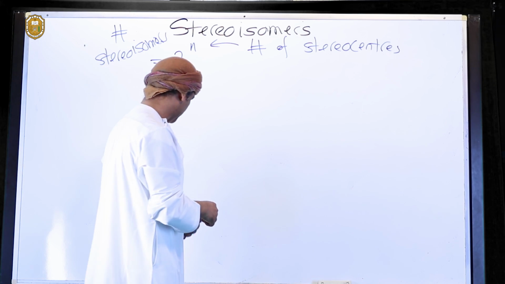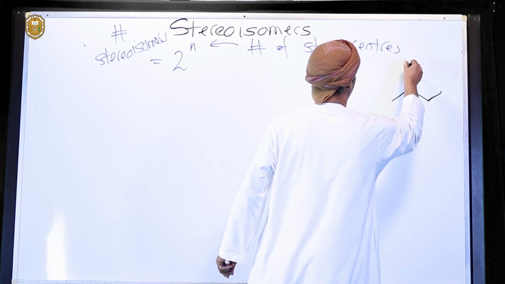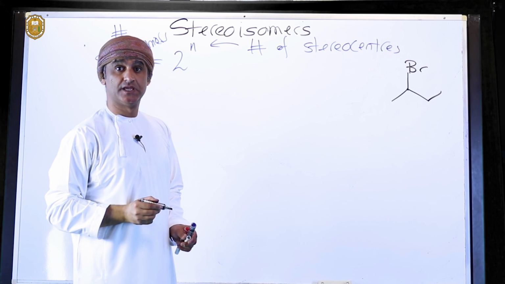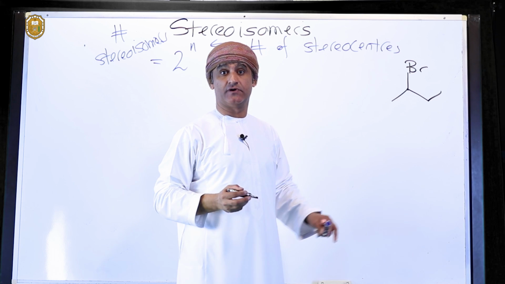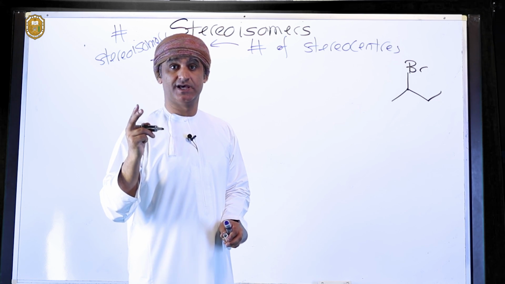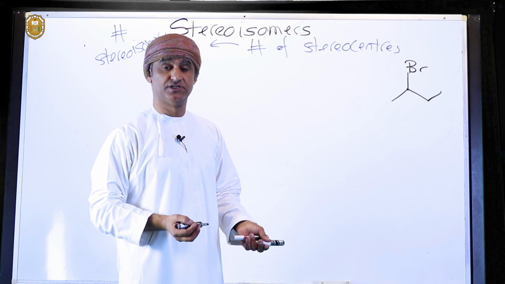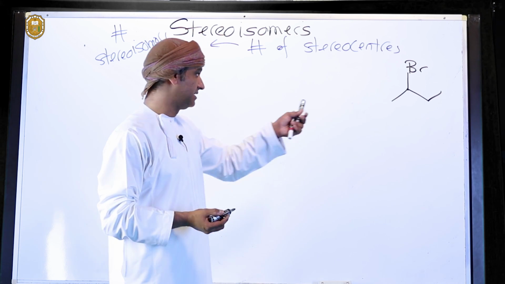So if you take, for example, 2-bromobutane, you will see that this has only one chiral center. So therefore there are two stereoisomers possible. And of course, the two stereoisomers are a pair of enantiomers, which you can draw very easily. So let's do that.